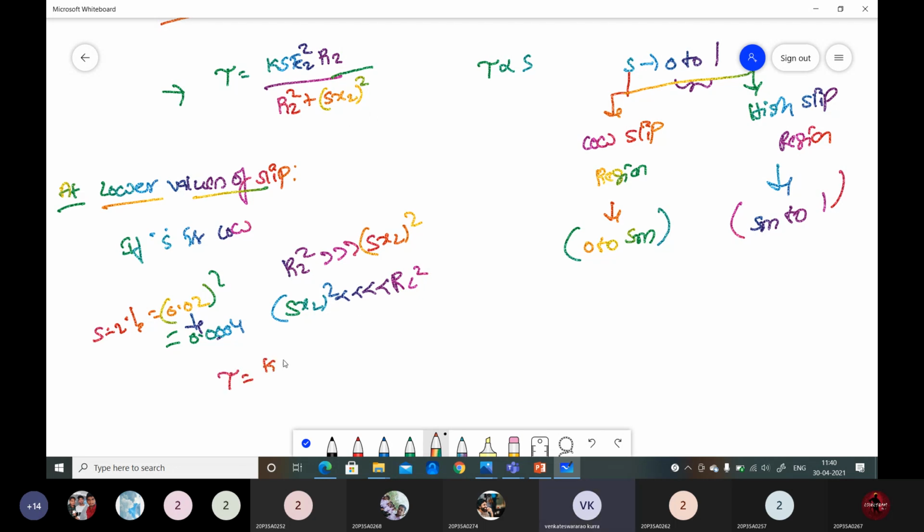So torque is proportional to K S. Here K is constant, E2 square is constant, and rotor resistance is also constant.